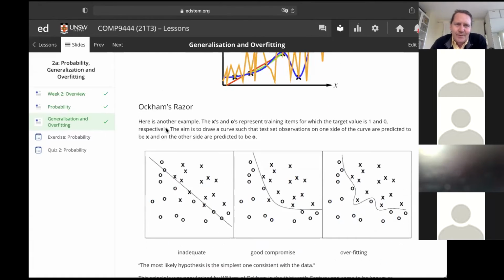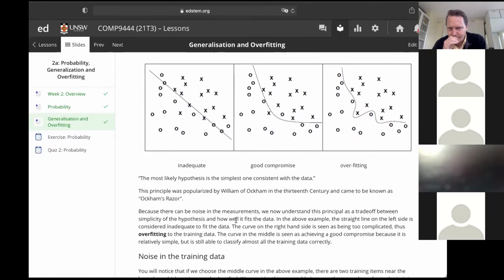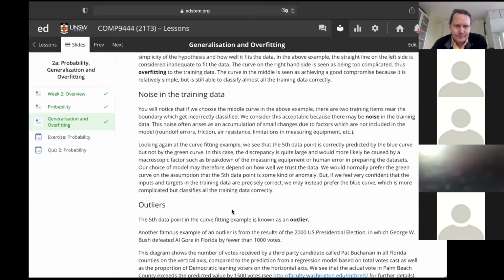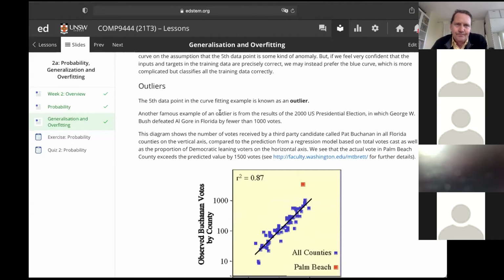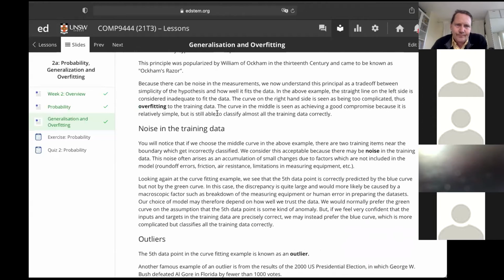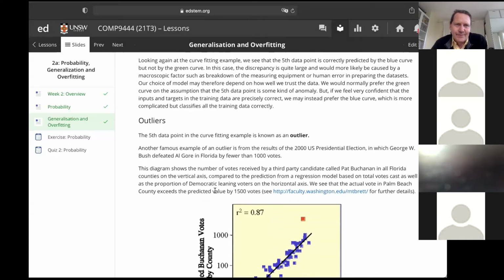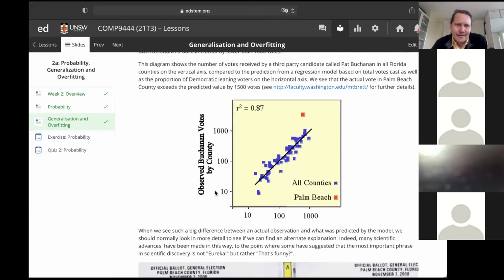Whereas if it performs well on the test set as well, we say that it has good generalization. And we have to take account of noise in the training data and outliers.